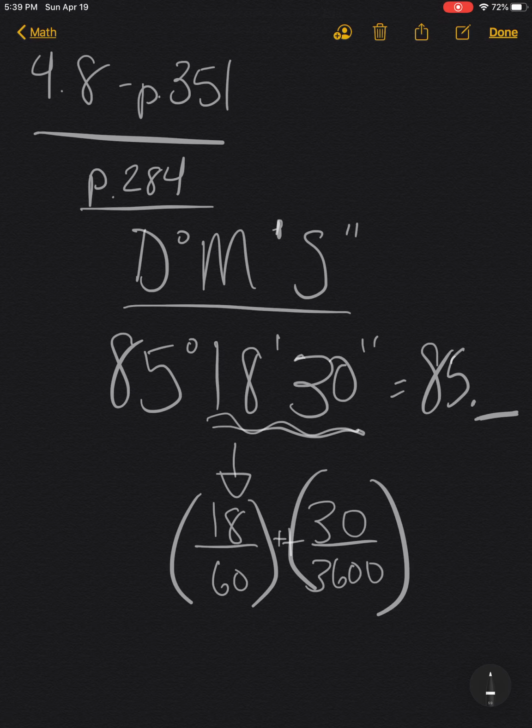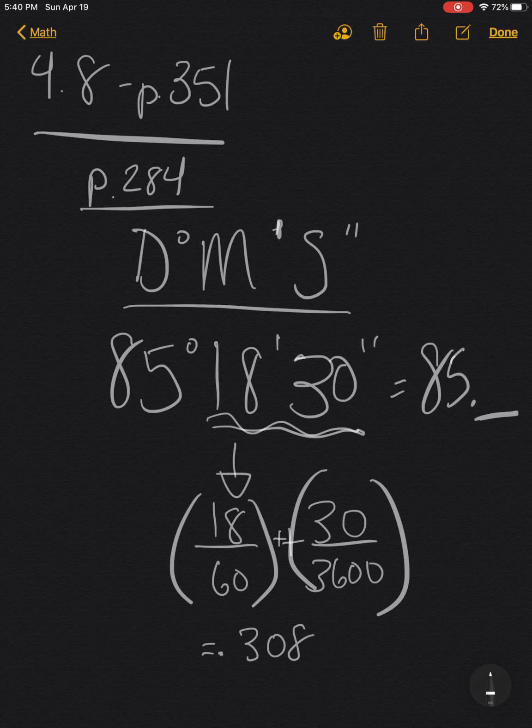So what we're going to do is, using the calculator, take 18 divided by 60, and if you want, pause the video and try it. See if you can get the same answer I am. So 18 over 60 plus 30 over 3,600, and that will be approximately 0.308. There are more decimals after, but we're just going to round right there.